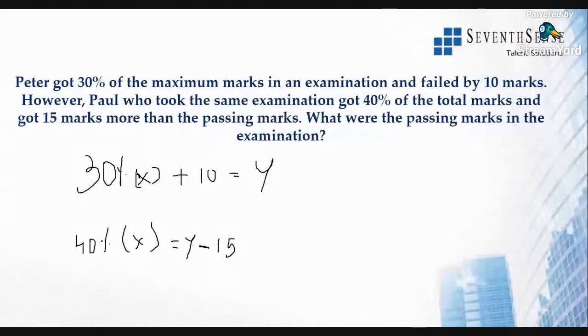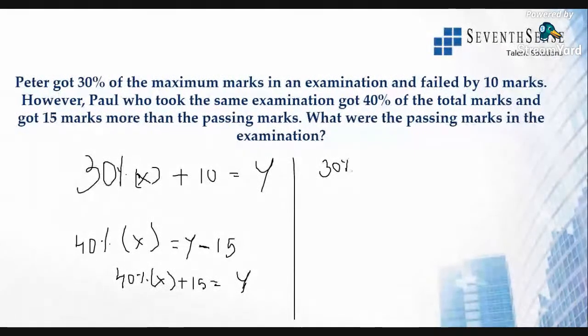So substitute for Y. This becomes 40% of X plus 15 is equal to passing marks. All right, substitute with Y here. So this becomes 30% of X plus 10 is equal to 40% of X plus 15.